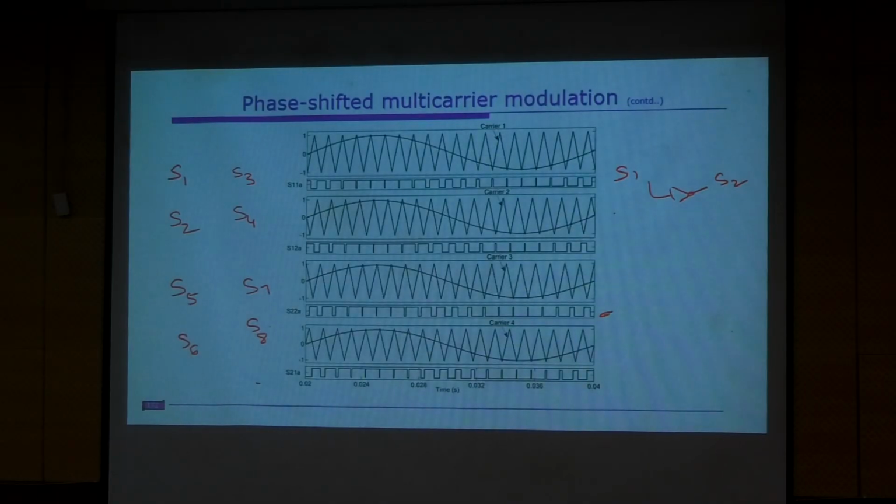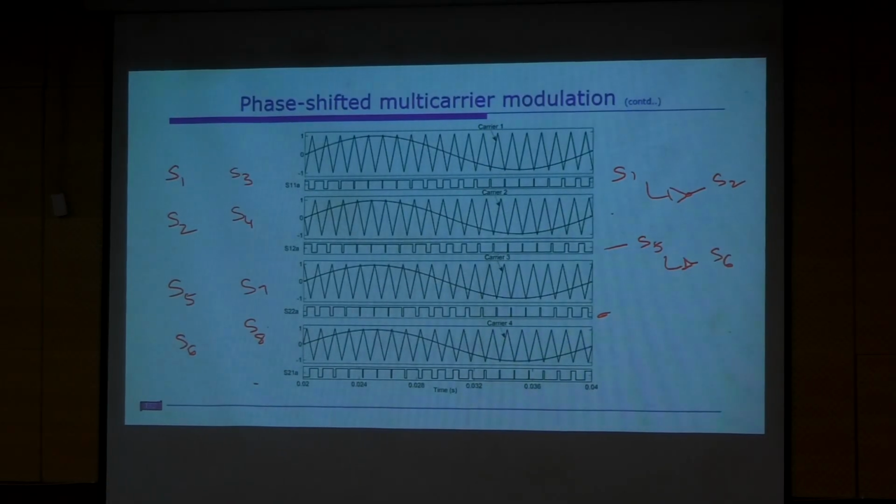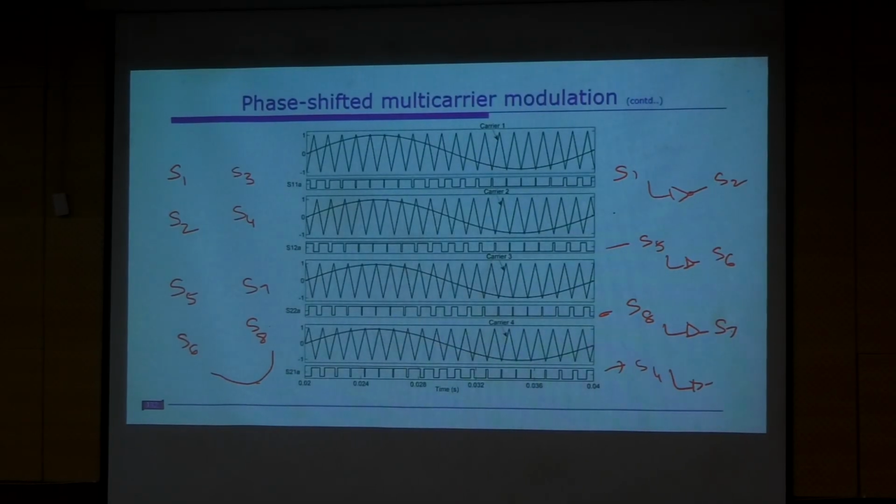Similarly, for the second one you have to follow the U pattern, so this one will go to switch S5 and the complement will go to S6. Similarly, the third carrier, which is again shifted by another 90 degrees from the second carrier, goes to S8, and the complement will be S7. Similarly, this one is S4 and the complement will be S3.